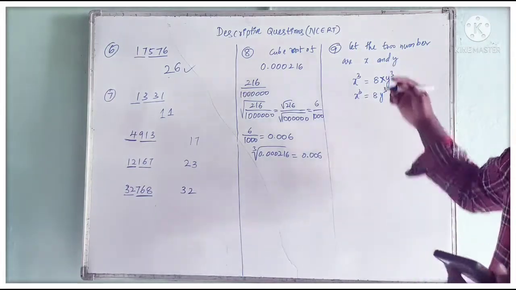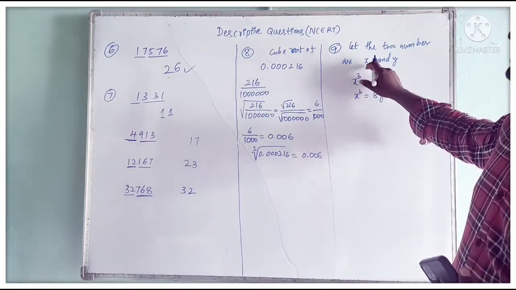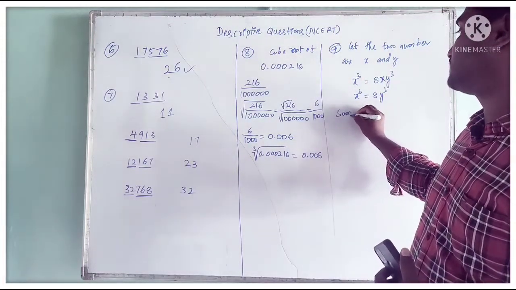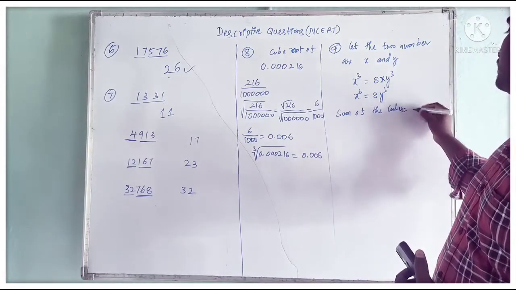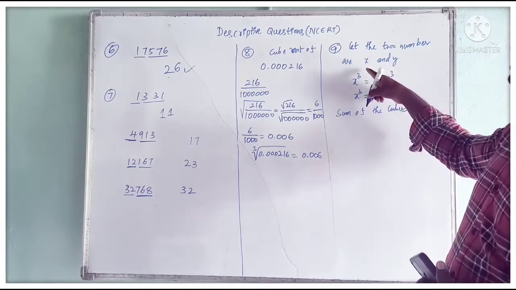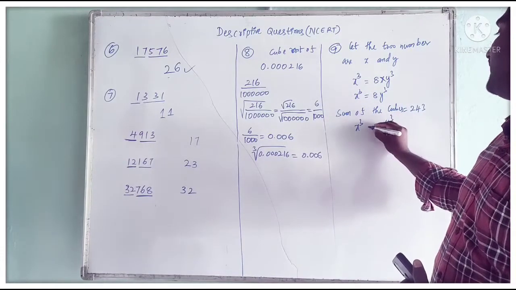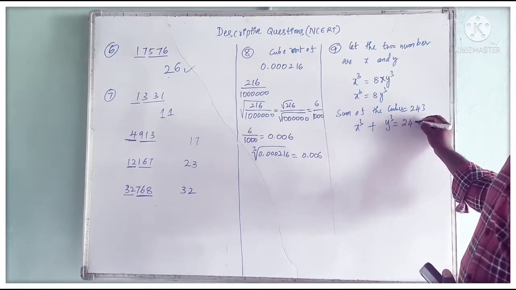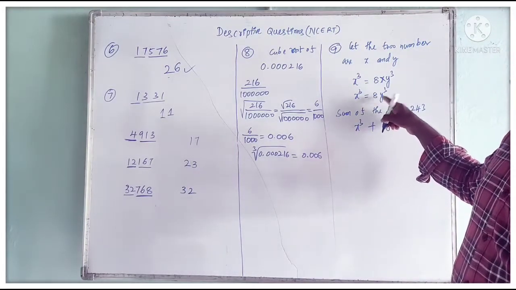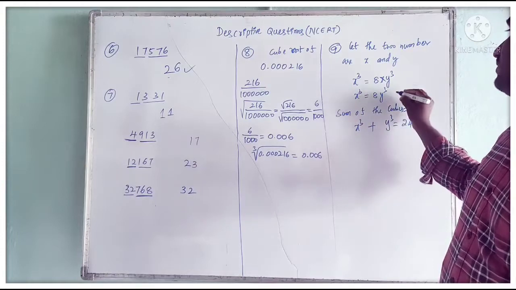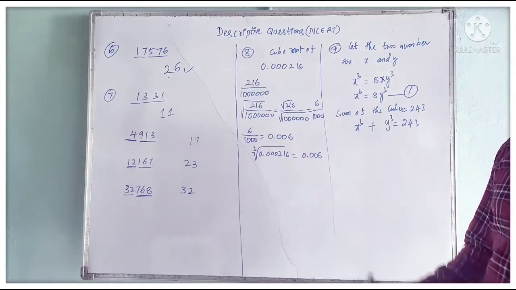Now the sum of the cubes of the numbers is given as 243. The cube of x is x cube and the cube of y is y cube, so x cube plus y cube is 243. From equation 1, x cube equals 8y cube.